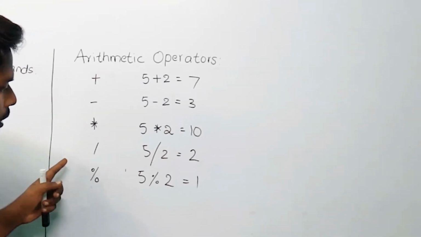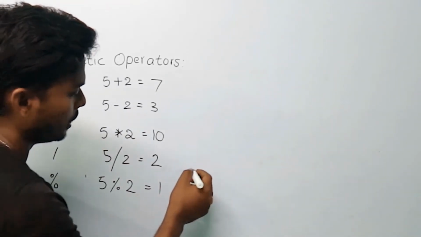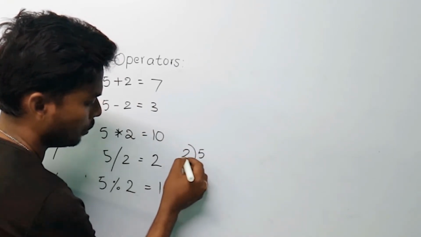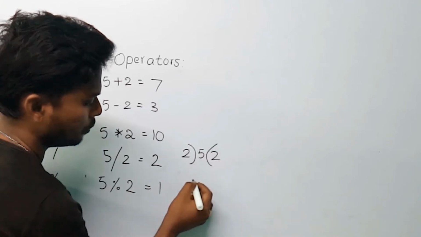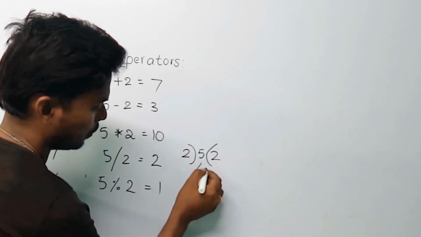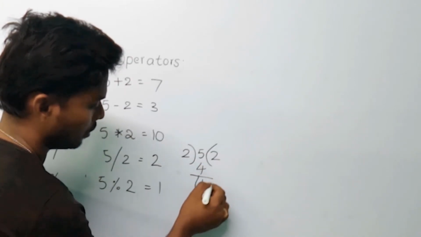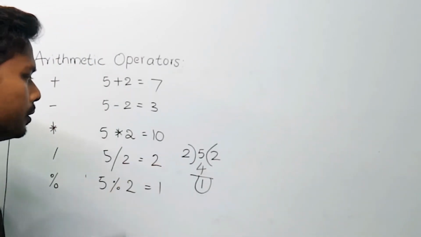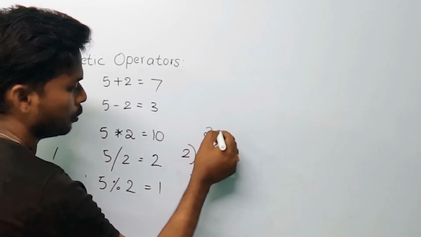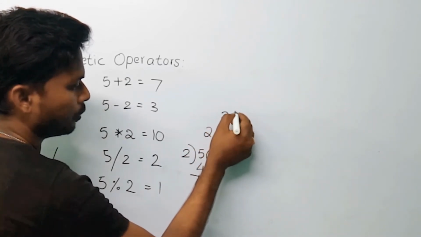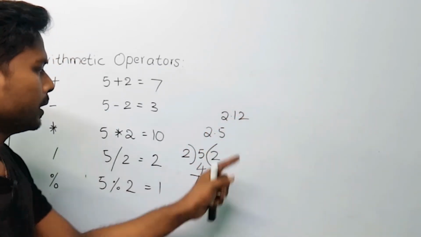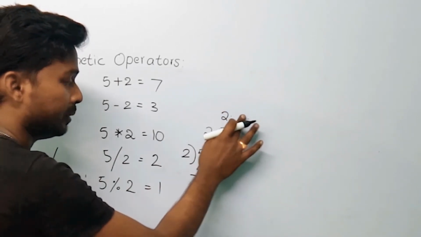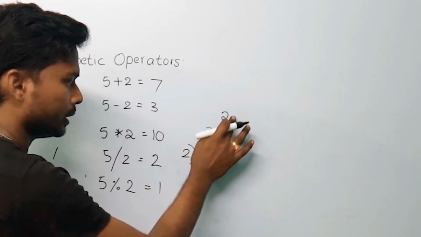Here you need to understand that in 5 and 2, two 2s are 4, leaving remainder 1. So integer division will be carried out. If there is something like 2.5, then the extra fractional part will be truncated.